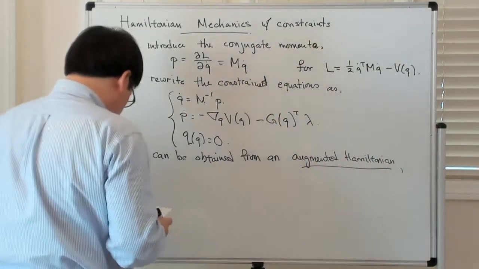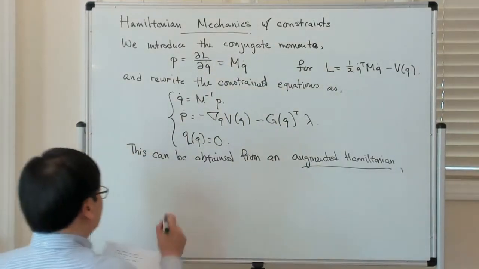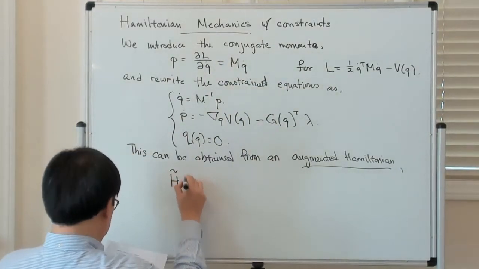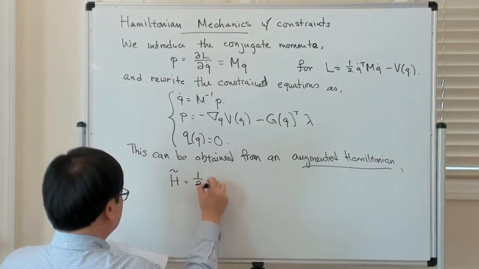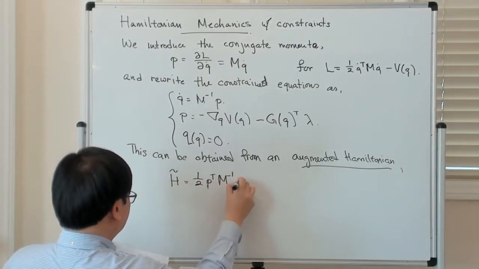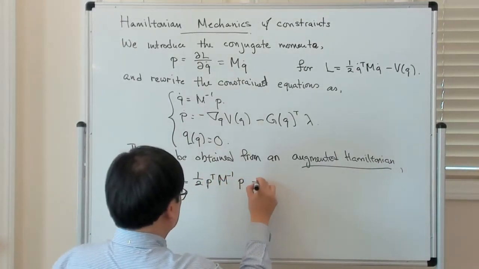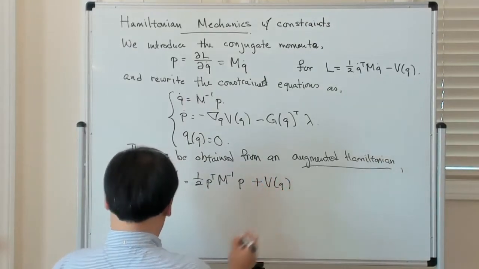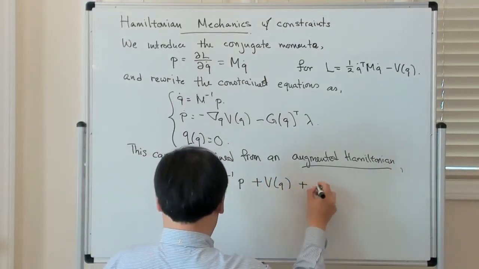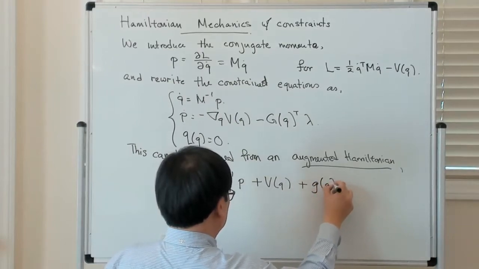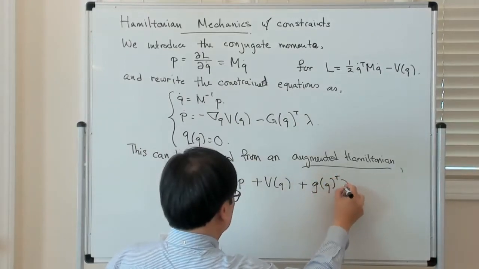I can write it in the following form. H tilde is 1/2 P transpose M inverse P plus V of Q, plus a multiplier term G of Q transpose times lambda.